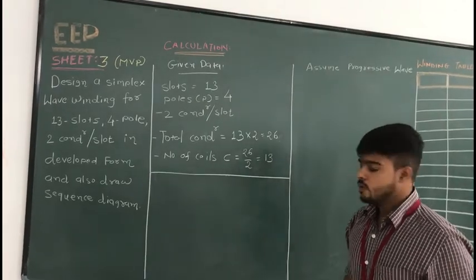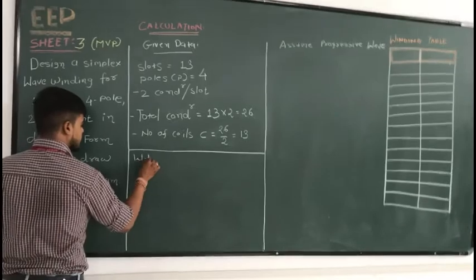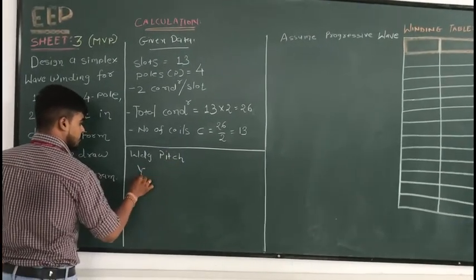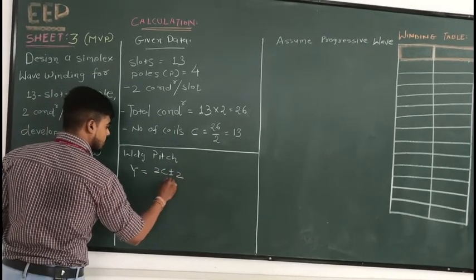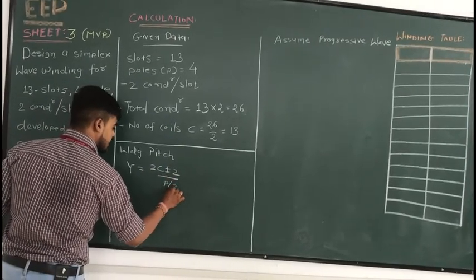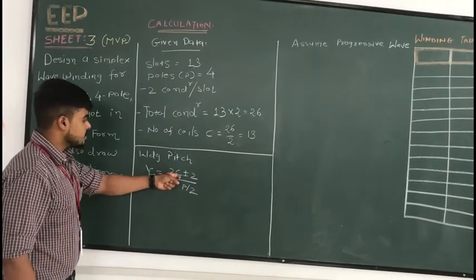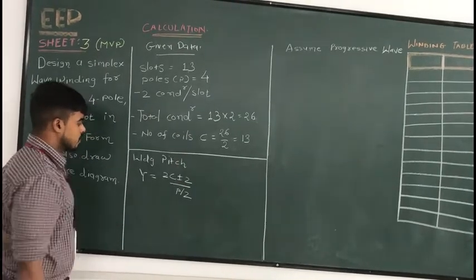which is equal to 13. Now we know the equation of winding pitch Y is equal to (2C plus or minus 2) divided by P by 2, where Y is winding pitch, C is our number of coils, P is number of poles.